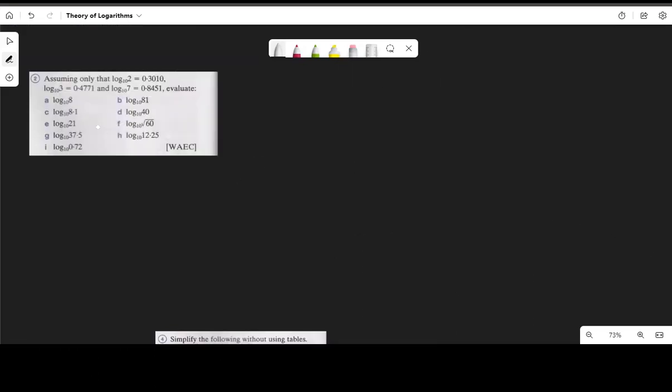The next one, assuming only that log 2 to base 10 is this, log 3 to base 10 is this, and log 7 to base 10 is this, evaluate each of these. The first one we have log 8 to base 10, which you can write as log 2 to the power of 3 to base 10, which is 3 log 2 to base 10.